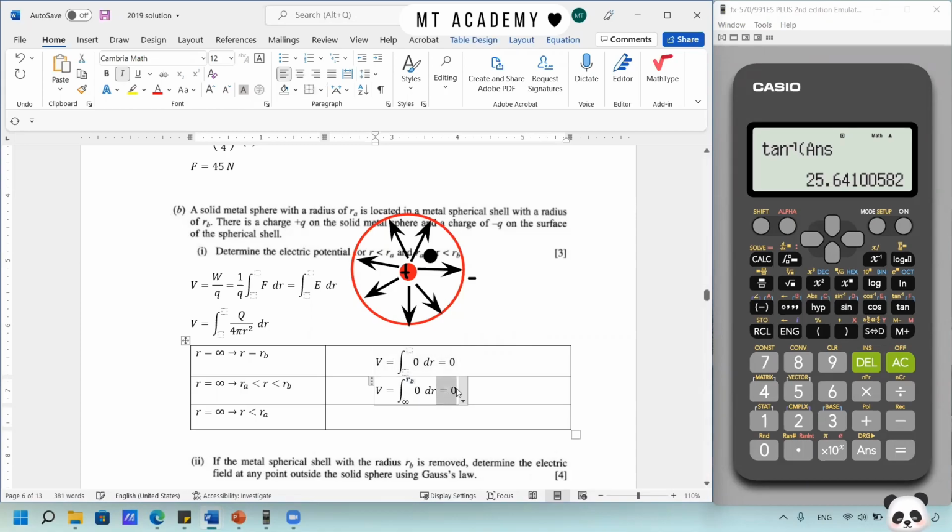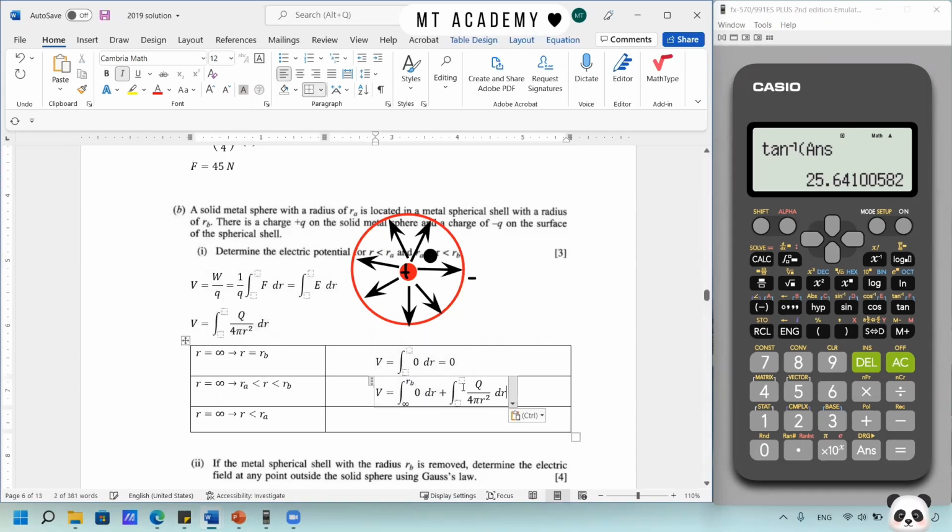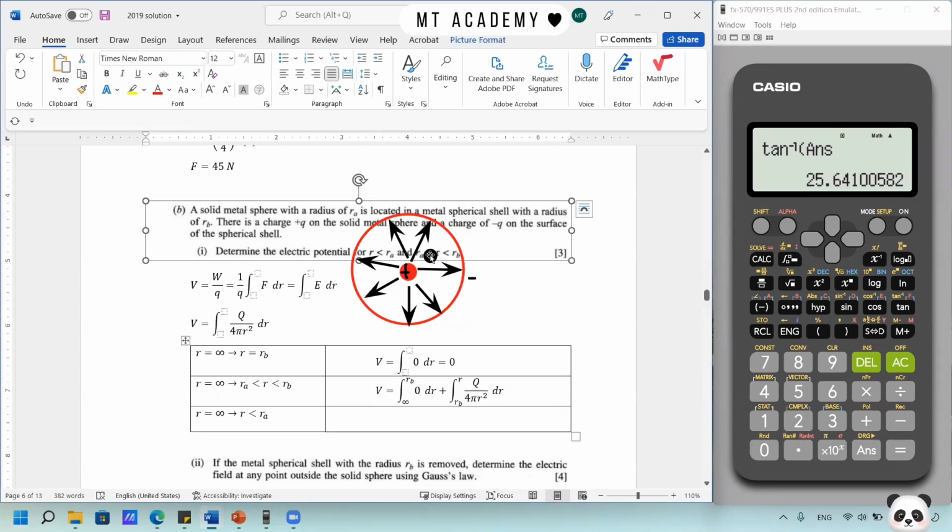Since the electric field strength is 0, it will be 0. And then we're going to add from RB to any distance between RA and RB, so from RB to r. Bear in mind that the force applied is against the electric field. So the force and the electric field are in opposite directions.